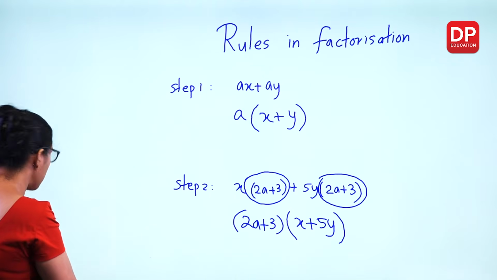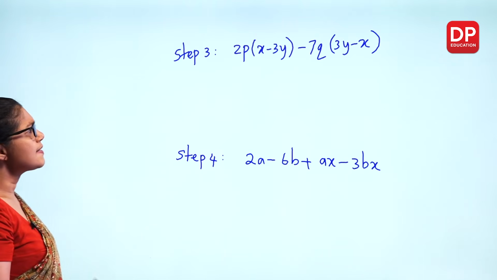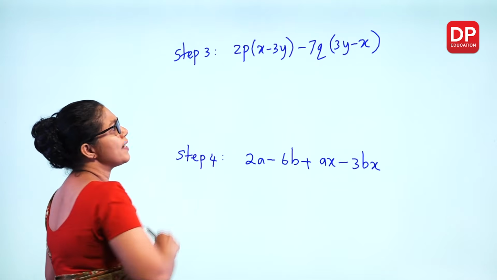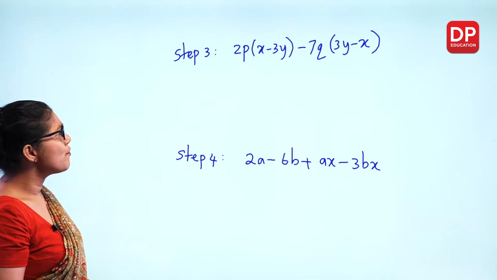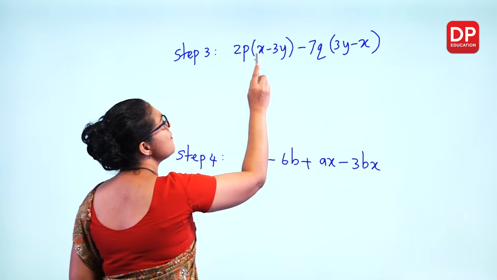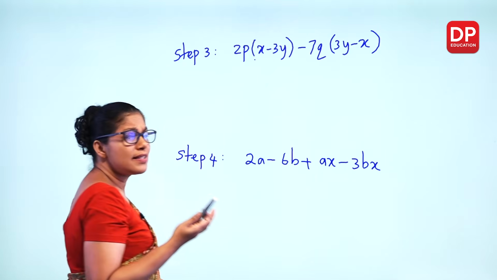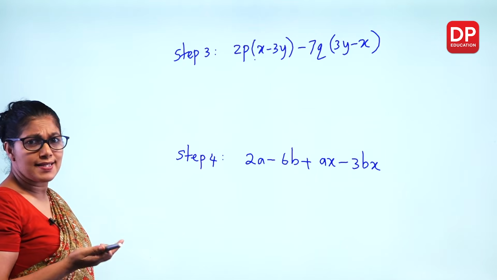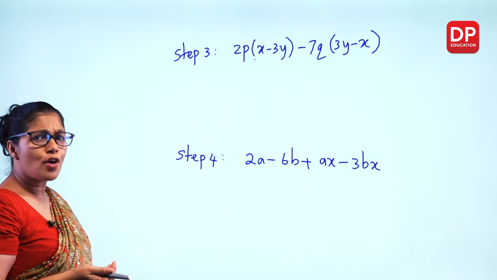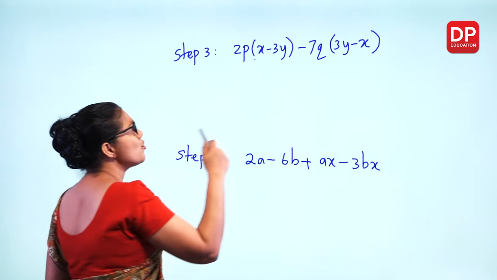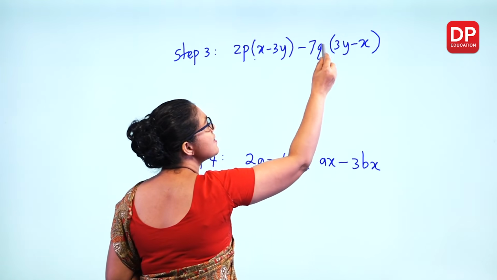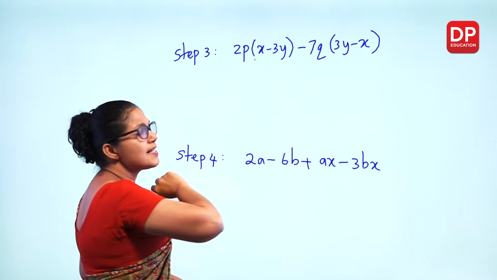We'll take another example. Here in step 3, you have two expressions given, and look at carefully. Here it's given x minus 3y, but the other one is 3y minus x. Those are not common. So what you can do, you can rewrite this in terms of x minus 3y.